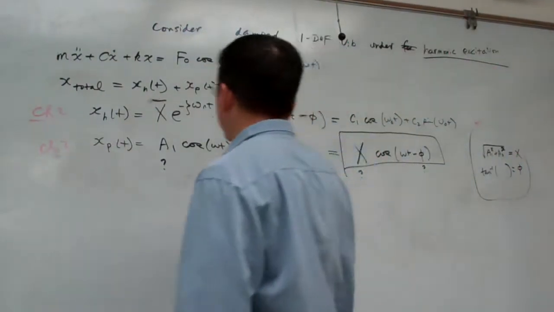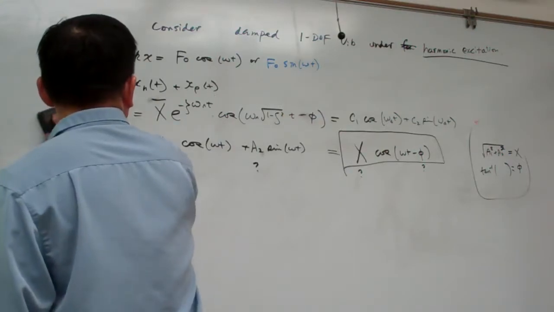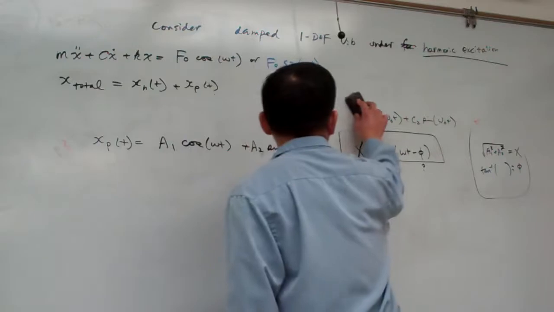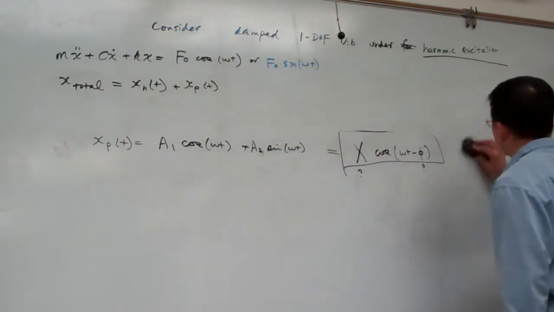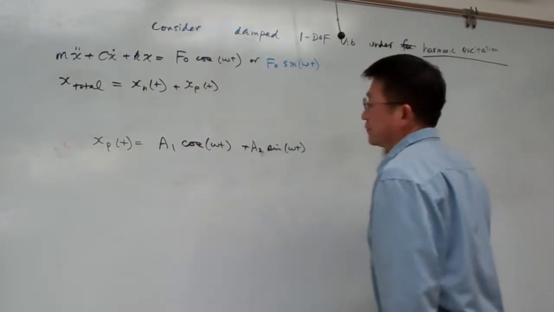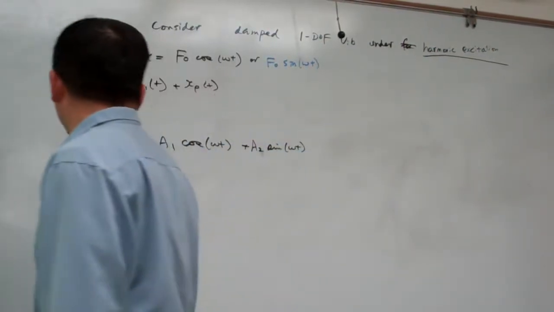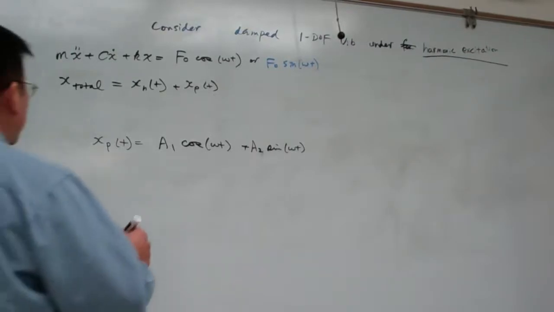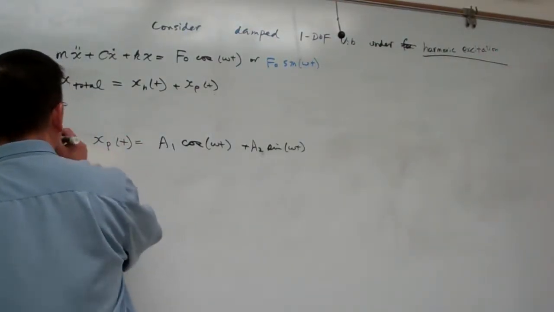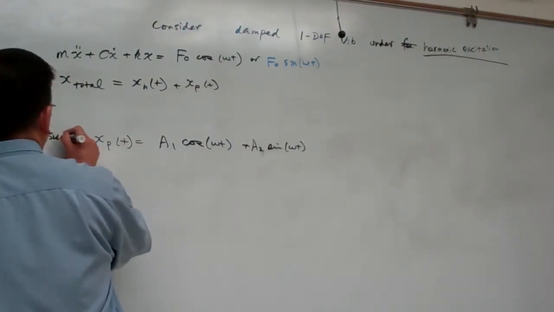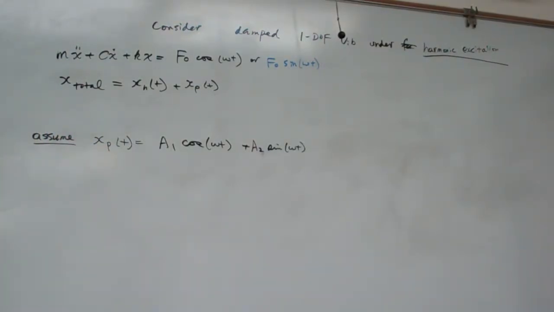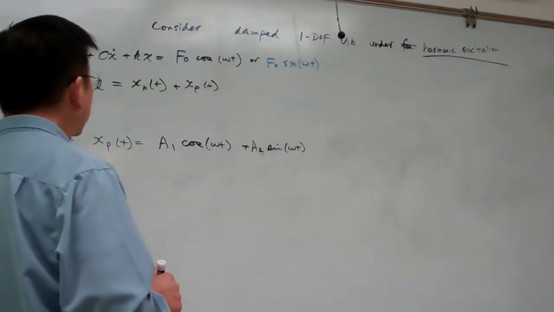Okay, so let me start from here. We can start from here. Right now we assume this is the assumed solution, and this is a complete solution, which means we wouldn't miss anything.